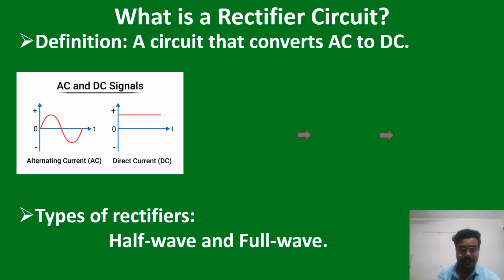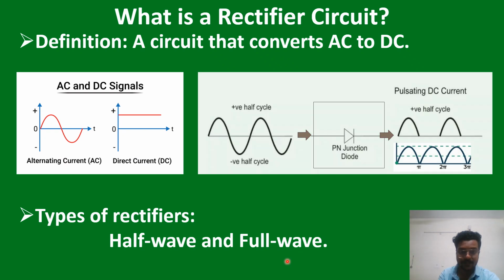So what is a rectifier circuit? The definition is that it is a circuit that converts AC to DC, meaning we have AC current and we have to convert it to DC, then we will use a rectifier circuit. A rectifier circuit is of two types, half wave rectifier and full wave rectifier. So what is a half wave rectifier?